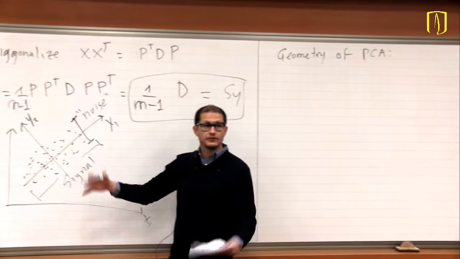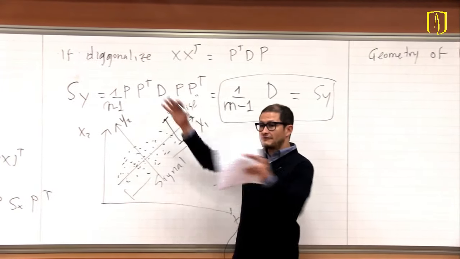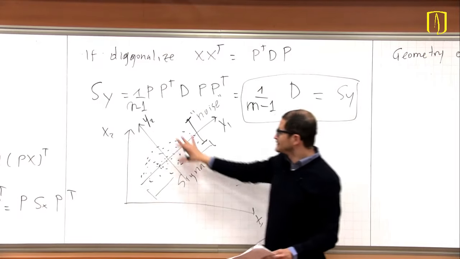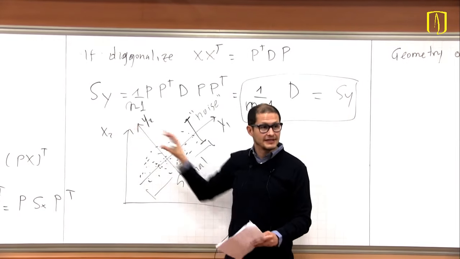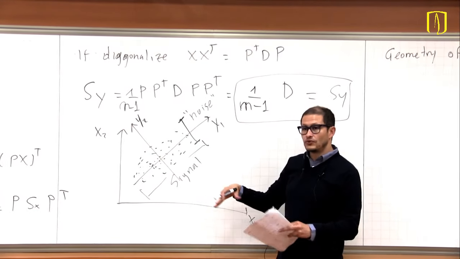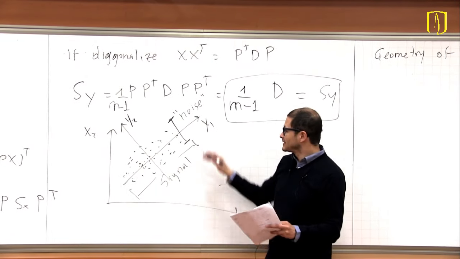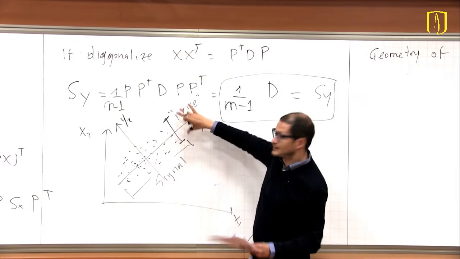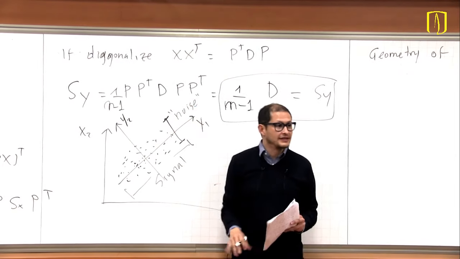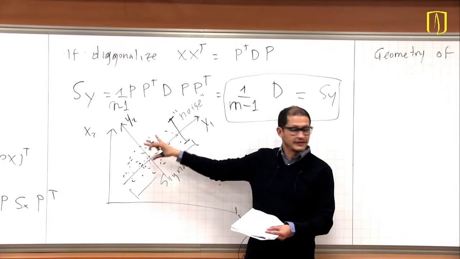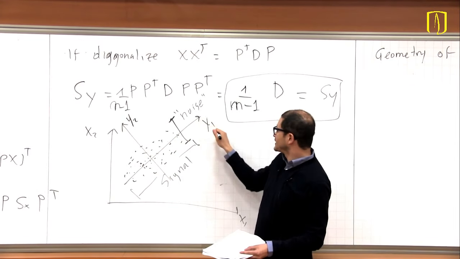When you do PCA, you start from a high dimensional space, in this case 2 dimensions, and you want to go into a new basis where the data looks simpler. If we think of this as noise, then we can ignore it and go to a lower dimensional space, which is this x1.